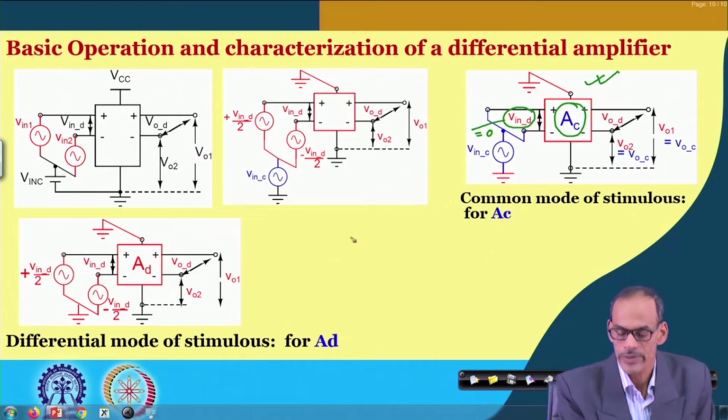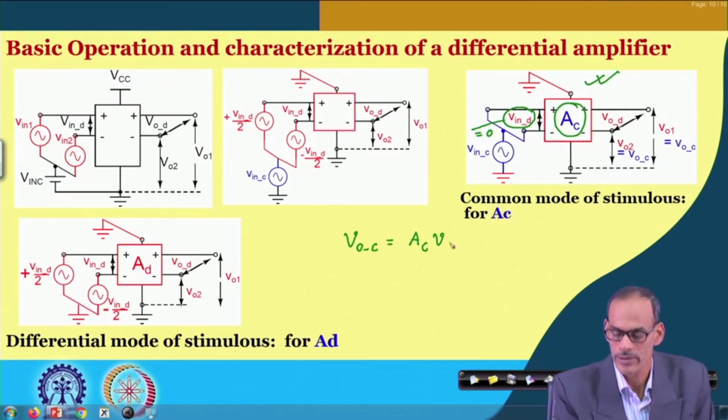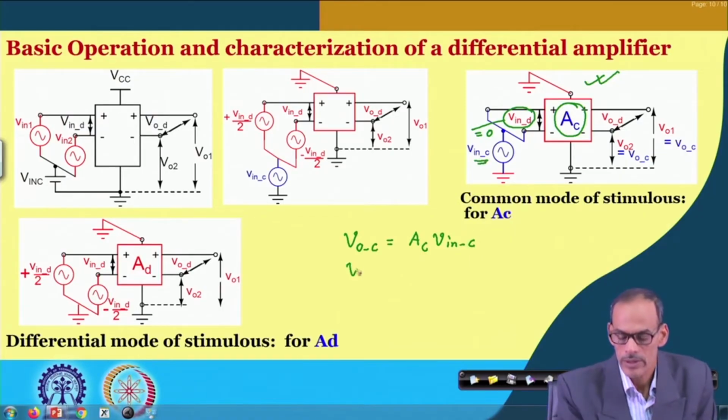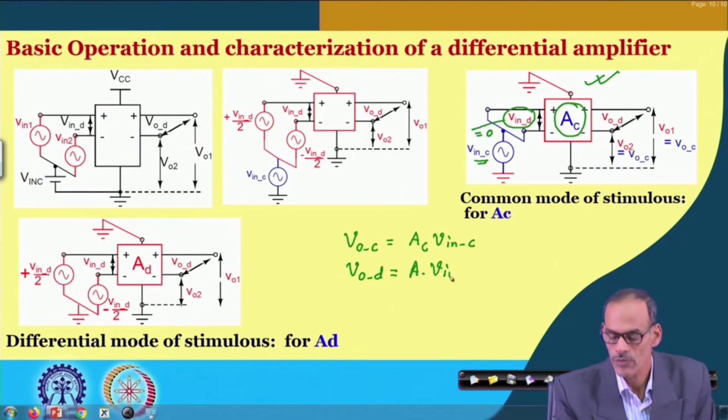So naturally VOC is equal to AC multiplied by VinC, whatever VinC we are applying, and VOD, on the other hand, is AD multiplied by VinD. Now, VinD equals to 0.